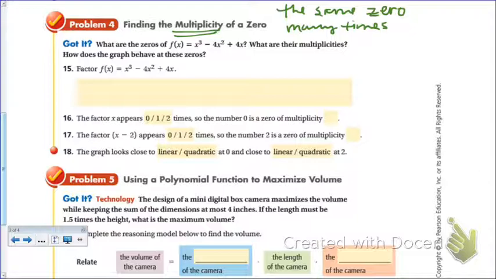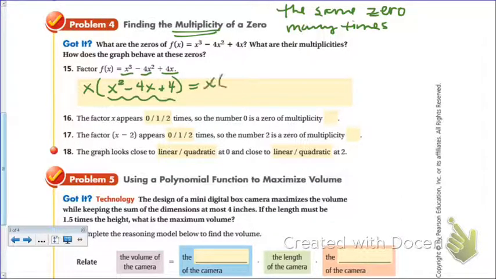So we're going to factor this first. Anytime you factor, you want to look for a common monomial. If I look at every single term, I notice that they all have at least one x in them and no more. So I can take an x out of each one of those, and that gives me x times x squared minus 4x plus 4. And then I can factor this trinomial.